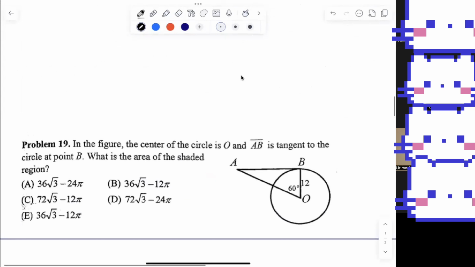In the figure, the center of the circle is O, and AB is tangent to the circle at point B. What is the area of the shaded region? You might ask, what is the shaded region? I don't know what happened. Let me see what it is.